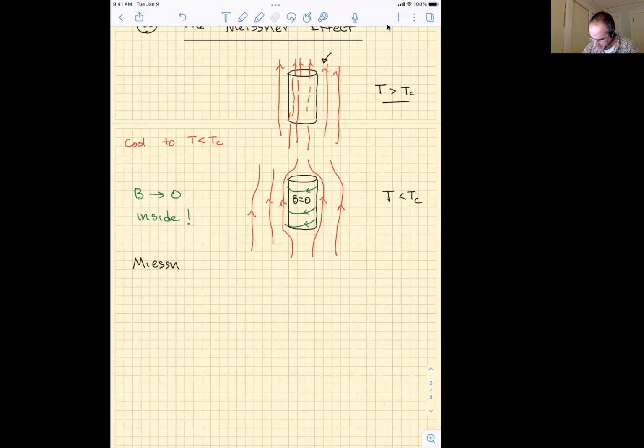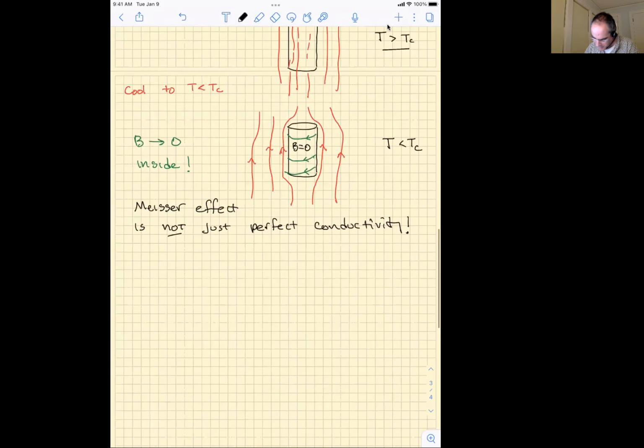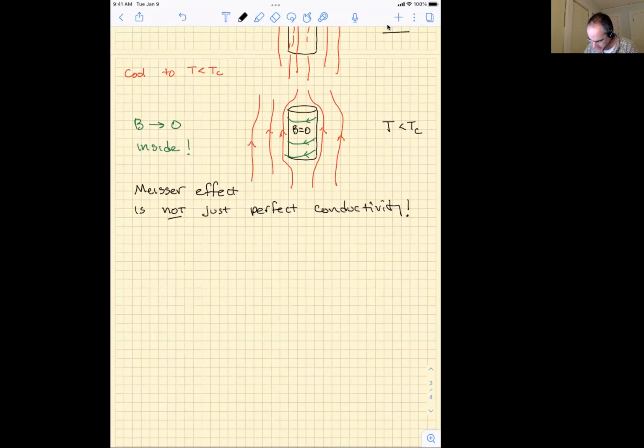What I want to say is that the Meissner effect is not just perfect conductivity, because perfect conductivity makes a different prediction.